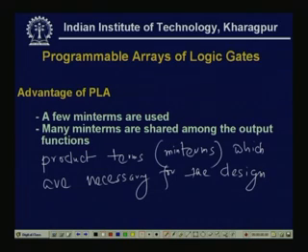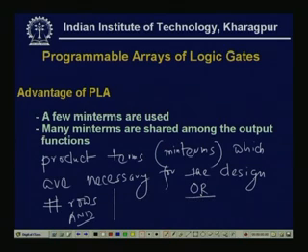only that many number of rows we will select in the AND plane. And in the OR plane, from these product terms, the output lines can share these min terms.